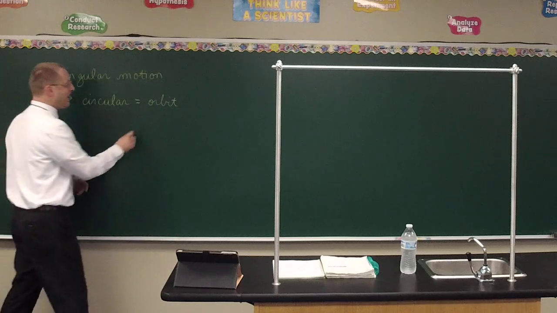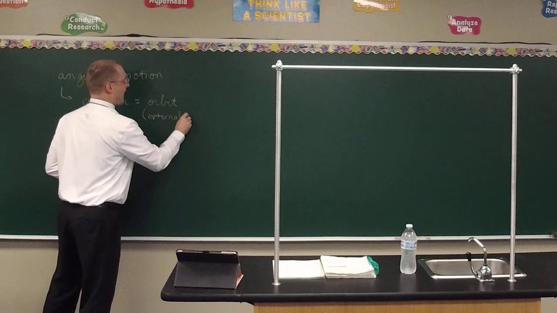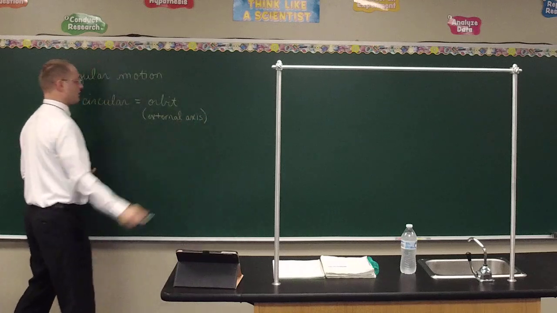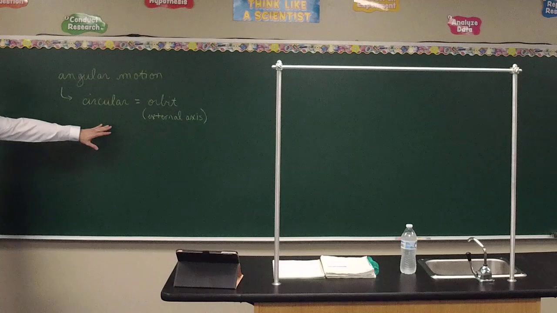It's orbiting, and the key is it's going around what we would say is an external axis. Your finger is not part of the yo-yo. The sun is not part of the Earth. The Earth is not part of the moon. So when an object is in circular motion, that's a type of angular motion in which the object will orbit an external axis. That's not what we're dealing with in this chapter.